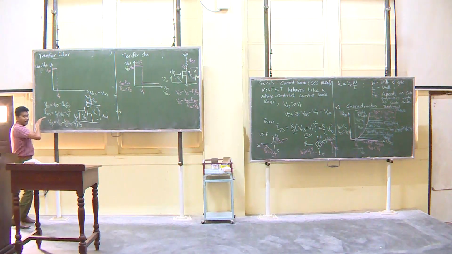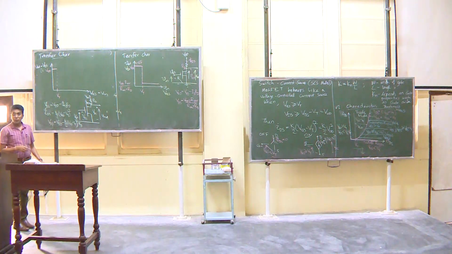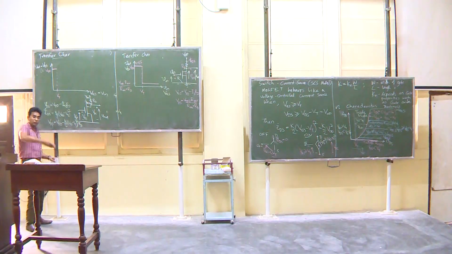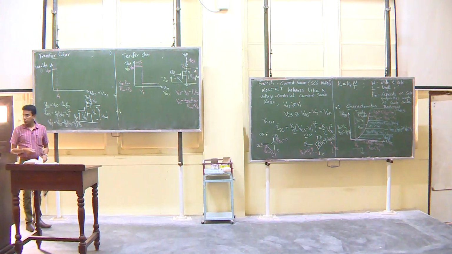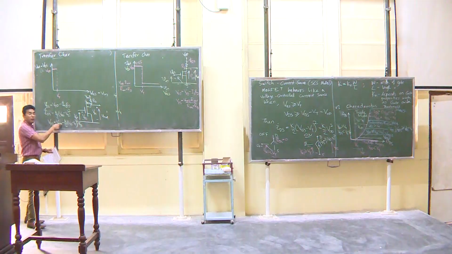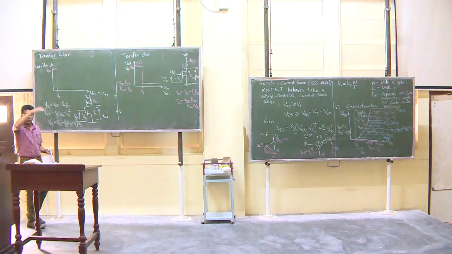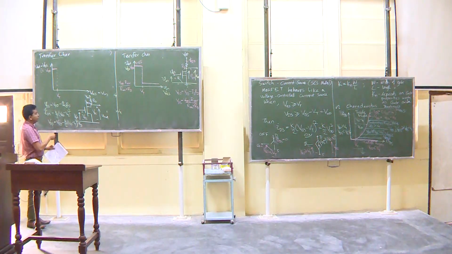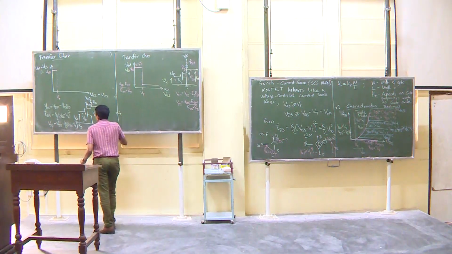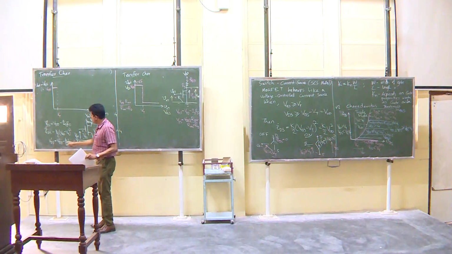So, what is this? This alone is a quadratic function, VDD minus a quadratic function. So, it is a negative going quadratic function. When VGS is equal to VT, this value is equal to 0.